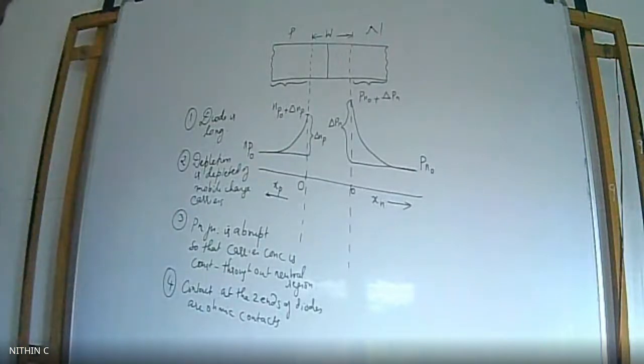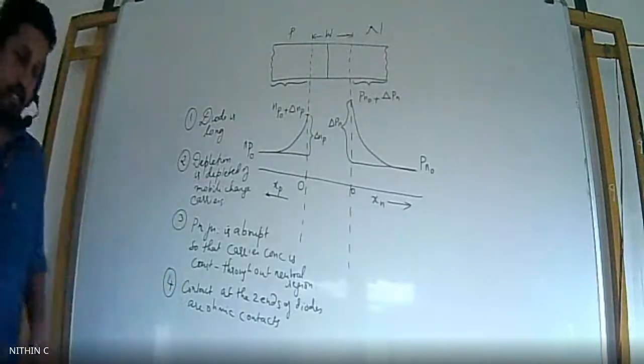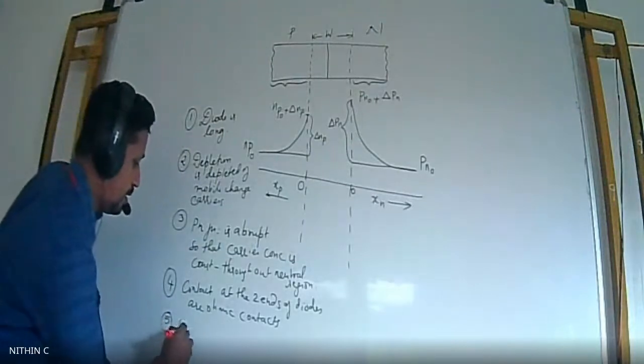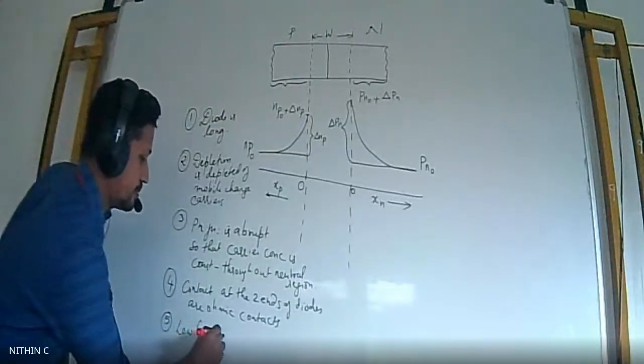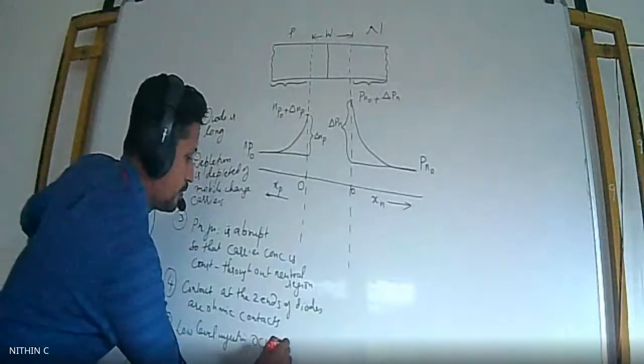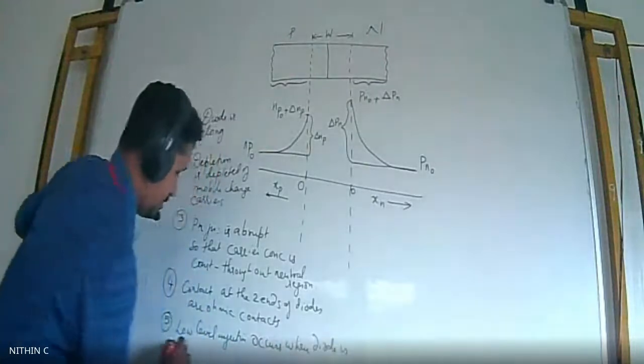That is the fourth assumption. And the fifth assumption says that low level injection occurs when the diode is forward biased.